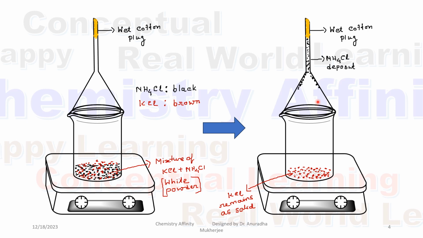When the gaseous ammonium chloride comes close to this wet cotton plug, it starts to deposit as a white solid on the top of the funnel, and KCl remains as a solid in the beaker. This is the way we can separate the mixture of potassium chloride and ammonium chloride.